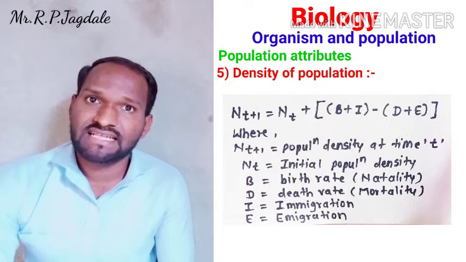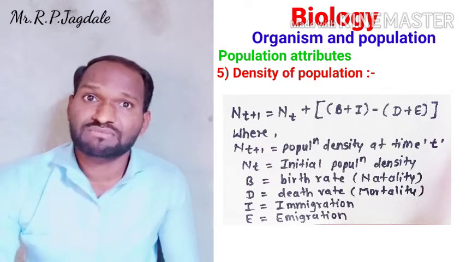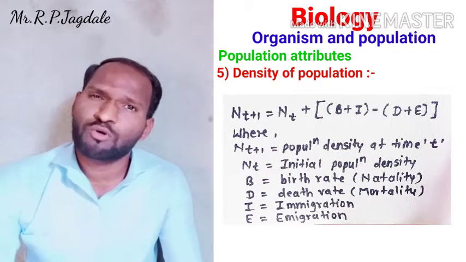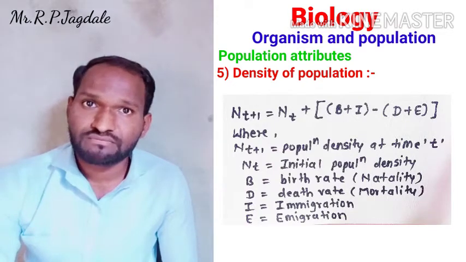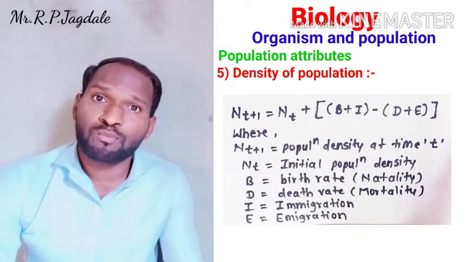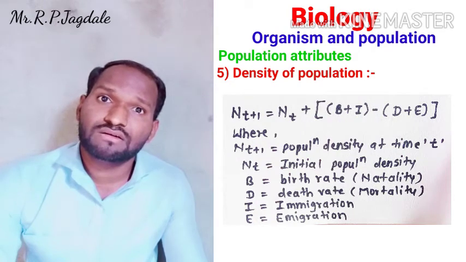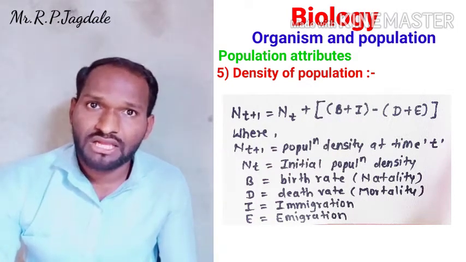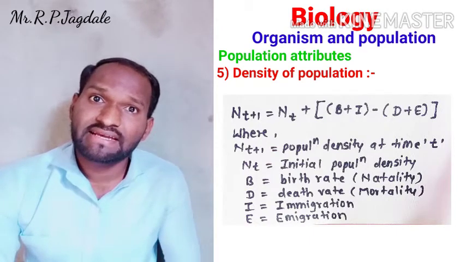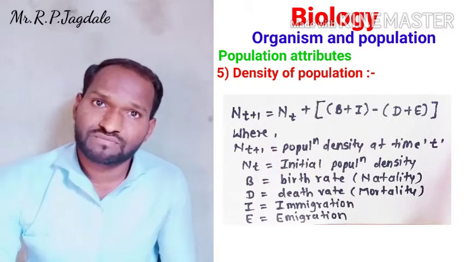N t is the density of population in the initial stage, that means how much population or population density is there initially. And N t plus 1 is the density of population at time t plus 1. So N t is the initial population and N t plus 1 is the density of population after time t.